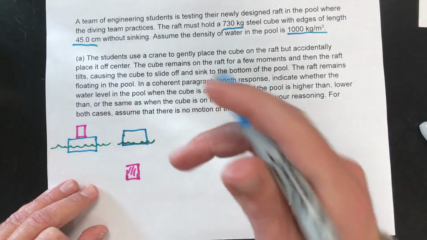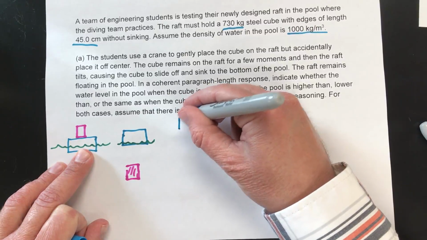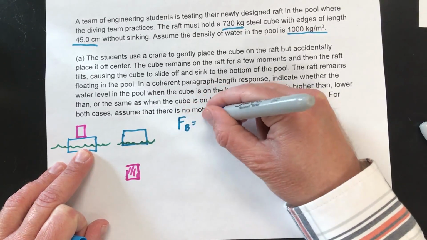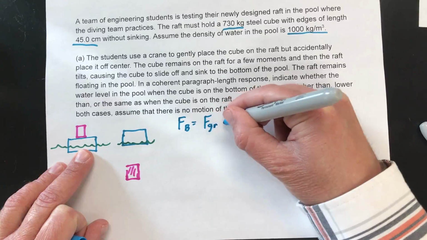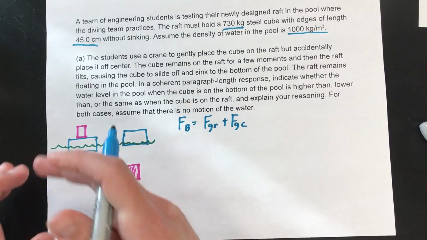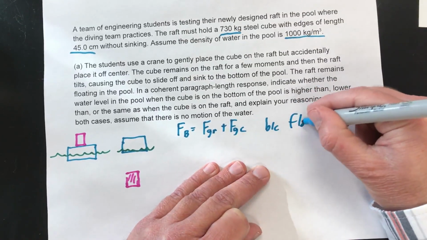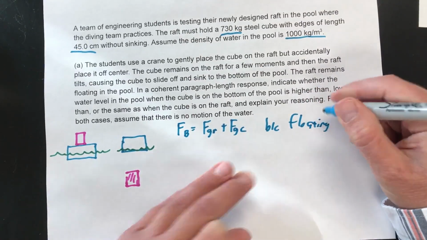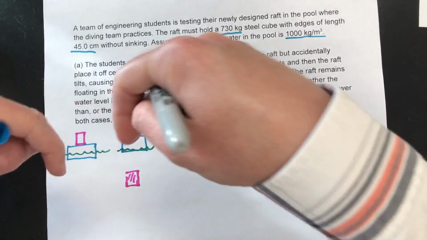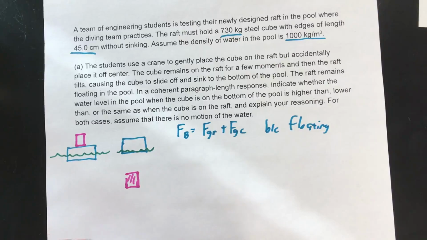In this case right here, as it's resting on the raft, the initial water level, here's what we know. We know that the buoyant force is equal to the weight of the raft and the weight of the cube. Why? Because it's floating, right? So they're both floating, so that means whatever the buoyant force is up, it's got to be equal to the force of gravity down. And it's equal to both their weights combined there. So then it slides off, right?